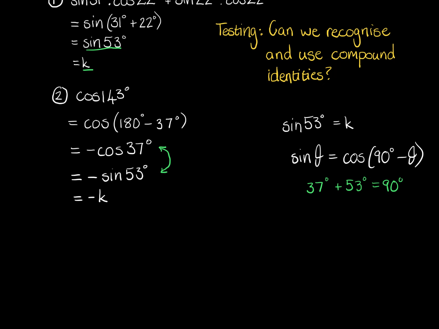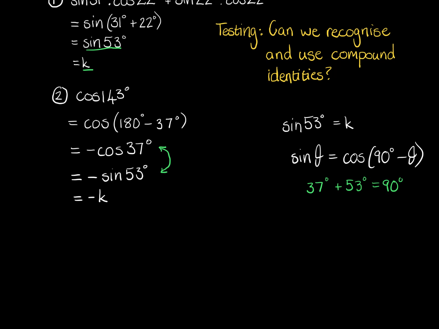There is one thing I want to talk about. It is possible to go straight from cos of 143 degrees to negative sine of 53 degrees by doing 90 plus. But sometimes it can get a little confusing in an exam situation, so I would recommend that you always first reduce the angle and then after that change to its co-ratio.